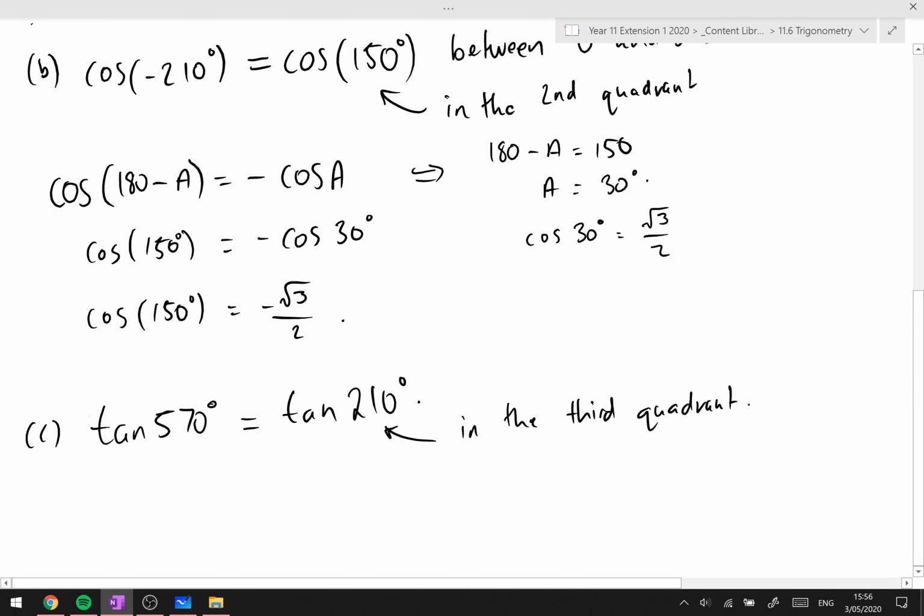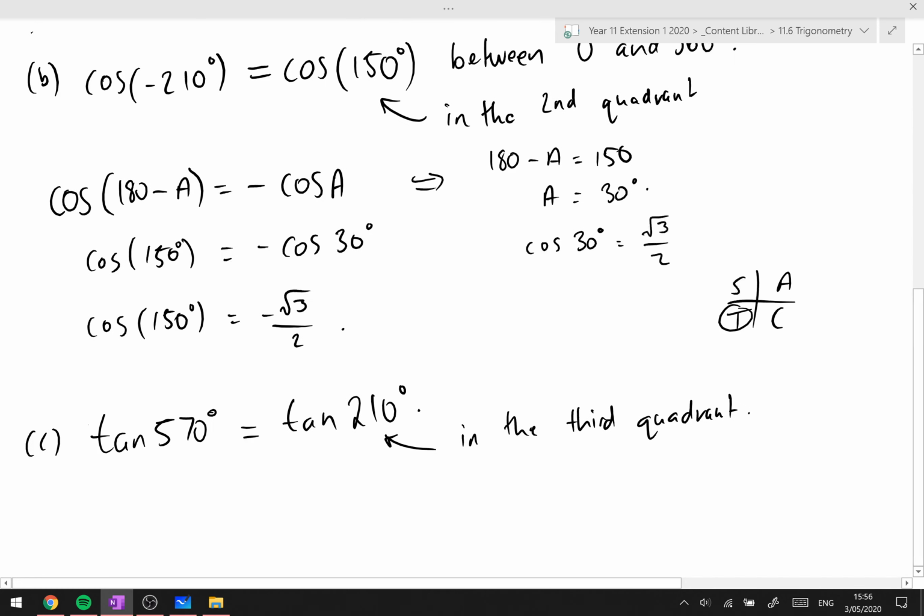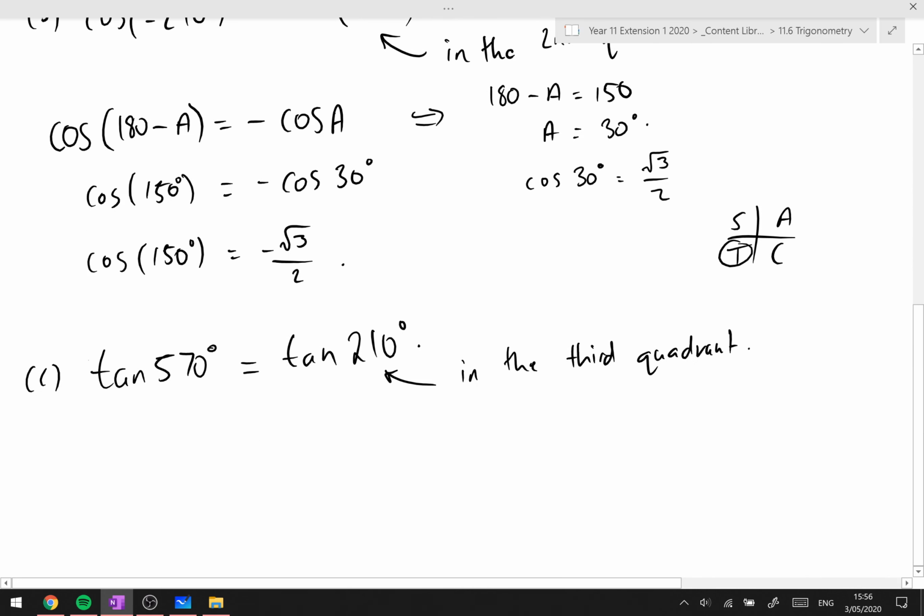Let's use the proper terminology. So in the third quadrant, if I can't remember, all stations to central, the third quadrant is T. So that means tan of 570, or tan of 210 degrees, is going to be positive.